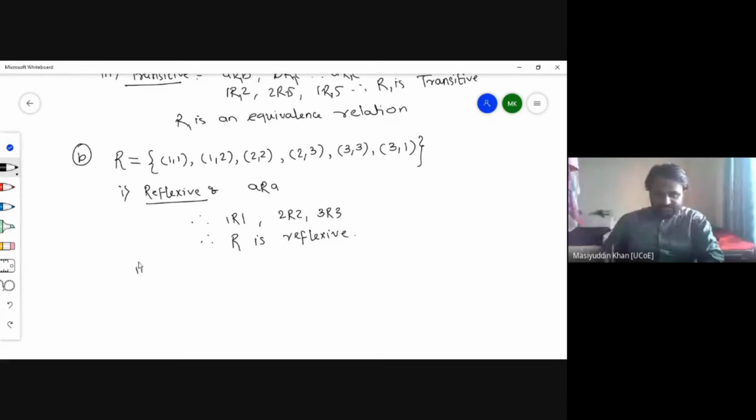Symmetric is not present. So instead of writing this part, I'm just going to write symmetric and transitive relation are not defined.